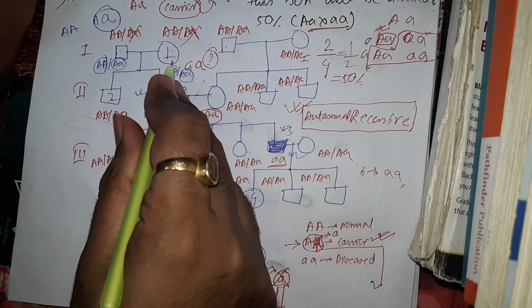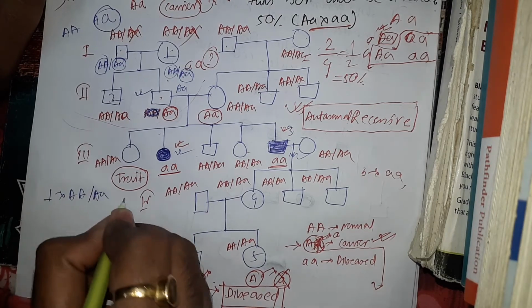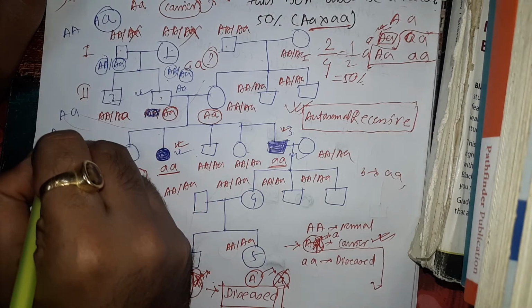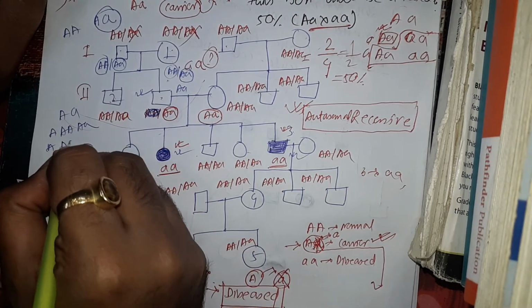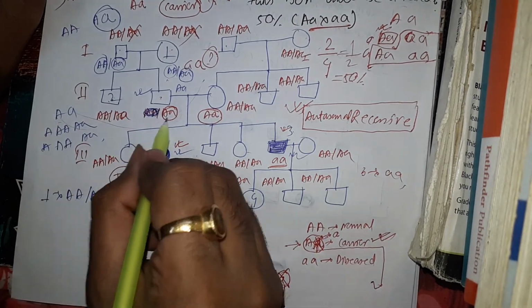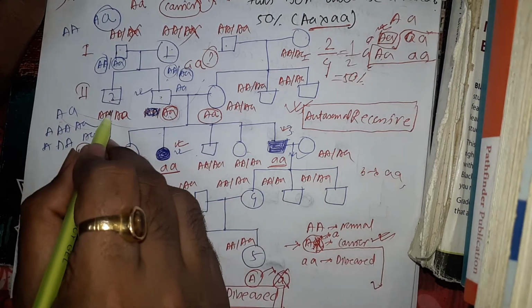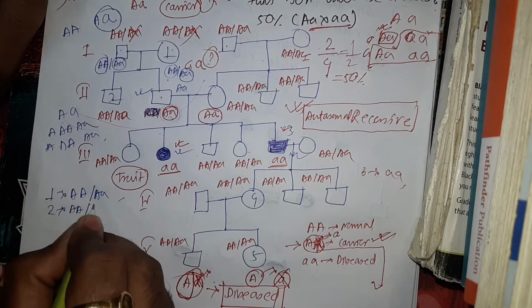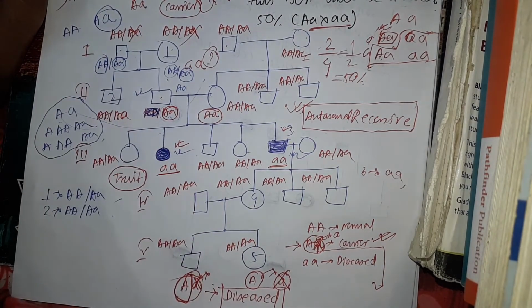So we have concluded that one has either capital A small a. Okay, so if one is capital A small a, another one is capital A capital A, okay. So individual 2 will have either capital A small a, as the Punnett square is suggesting, right?